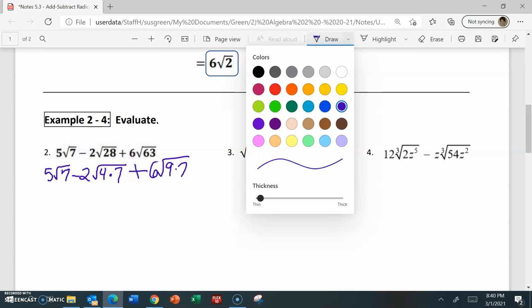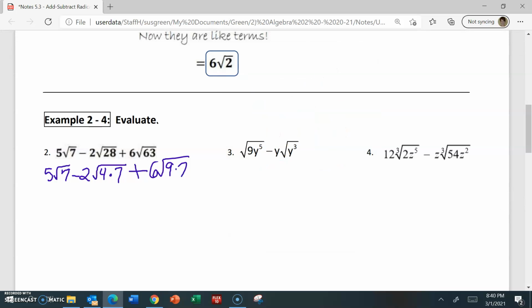So now that we have things underneath the radical that we can take the square root of, I'm going to have 5 radical 7 minus 2. The square root of 4 is 2, so that's 2 times 2 radical 7, plus 6, that was out in front anyways, times the square root of 9 is 3 times radical 7.